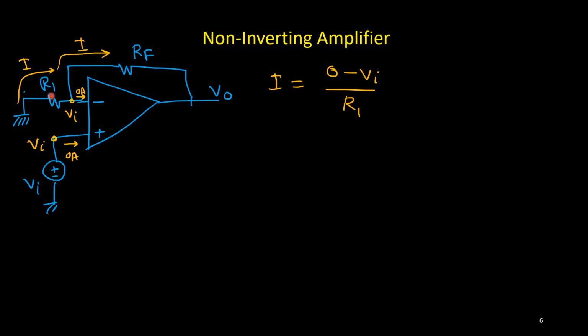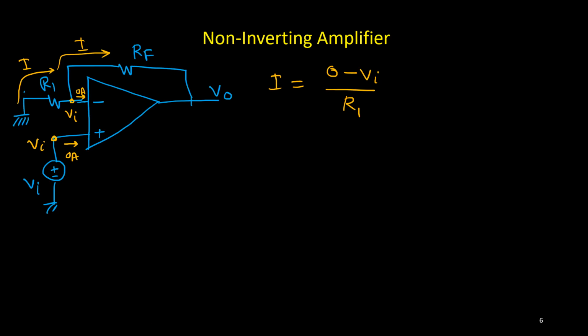So 0 minus Vi upon R1 is the current going this side. Now this potential is Vi, this potential is V0. So Vi minus V0 upon RF is the current through RF from left to right. So this is again I.